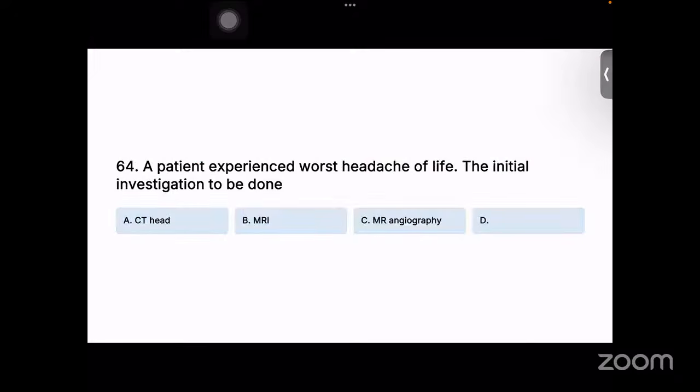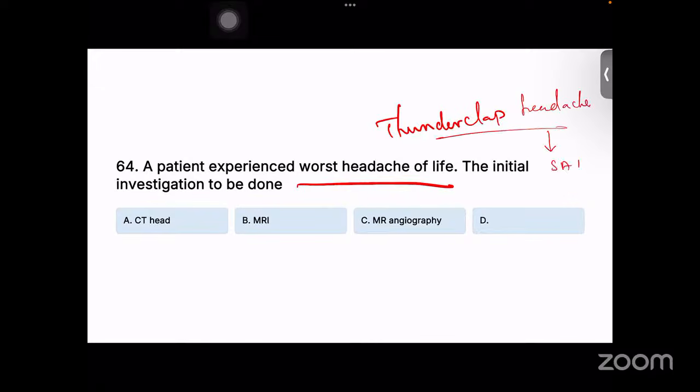Next, a patient experienced the worst headache of life, that is a thunderclap headache. Thunderclap headache is seen in SAH. For SAH, do CT head. Some people argue, why not MRI?